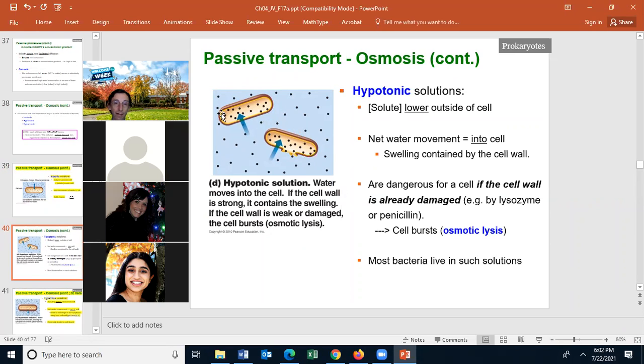And if this cell doesn't have a cell wall, water will move into the cell until the plasma membrane bursts, and that will kill the cell. Most bacteria live in a hypotonic solution, and that's actually why antibiotics work.